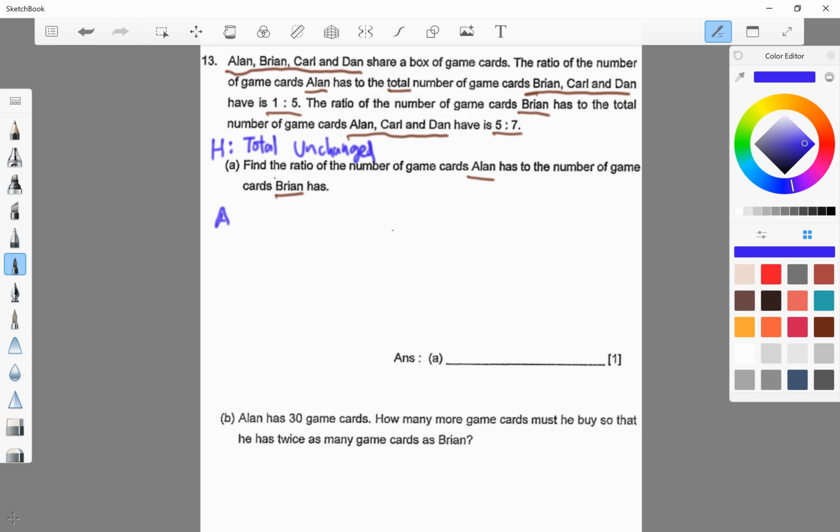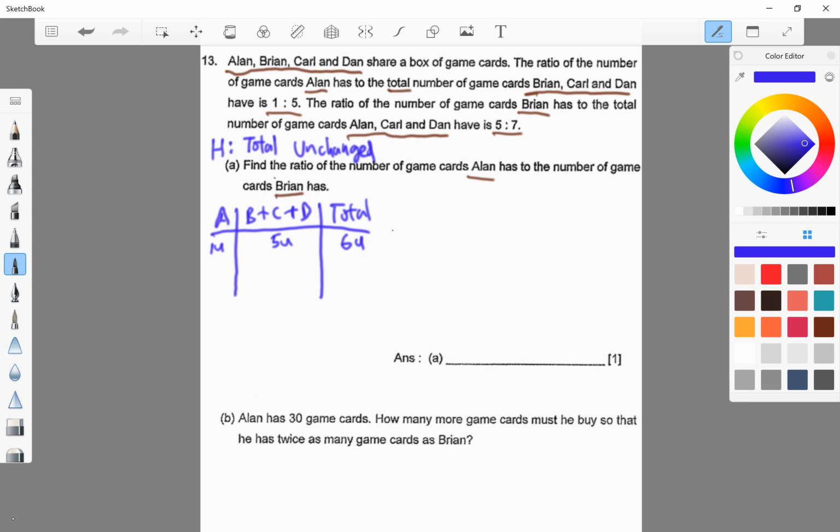So I have A for Alan, followed by B plus C plus D, and of course I have my total. In the first case, it is Alan 1 unit, B, C and D 5 units, and they have a total of 6 units.